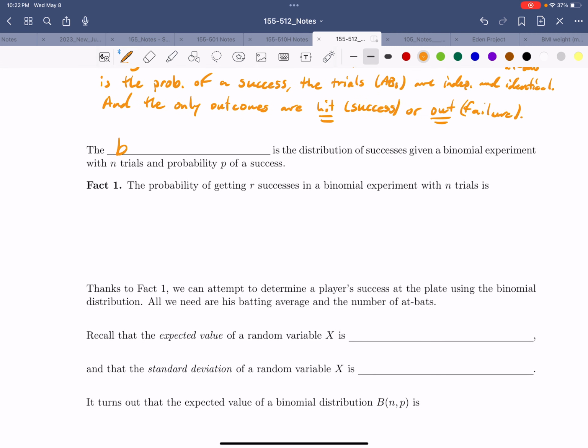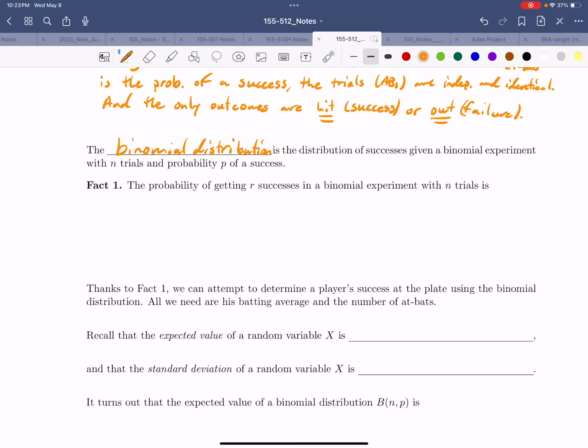The binomial distribution is the distribution of successes given an experiment with a fixed number of trials and a fixed probability of success.